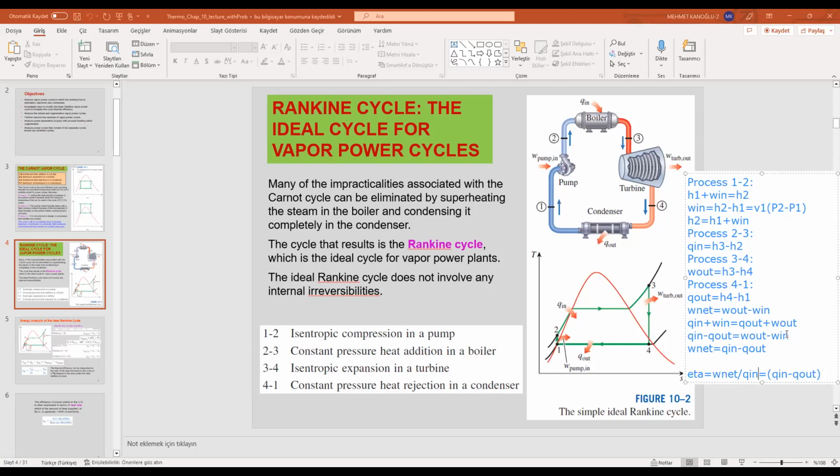So we write it like this: Q in minus Q out divided by Q in, which is equal to 1 minus Q out over Q in. So this is the thermal efficiency of this Rankine cycle. So this completes the analysis for this cycle.